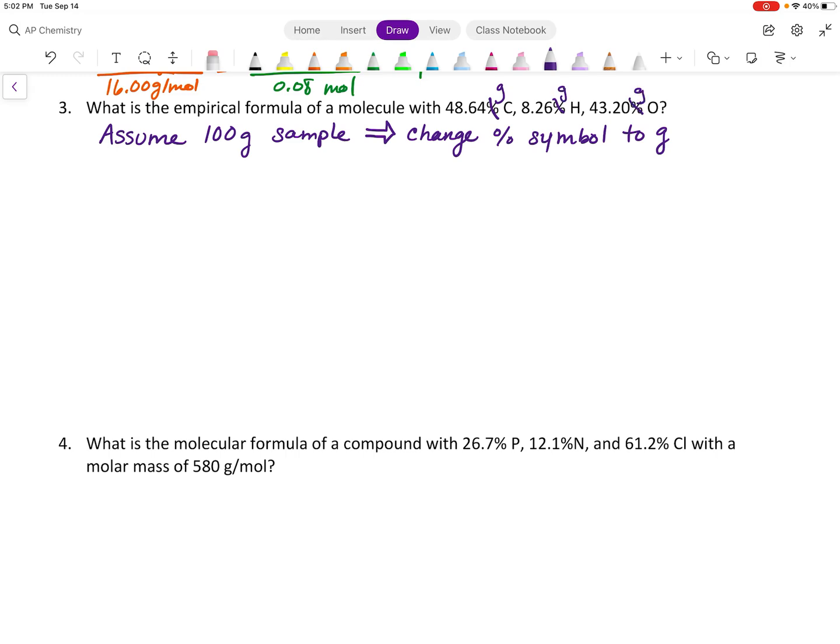Now, the process for solving this problem becomes the same as the previous problem. So let's go ahead and do the same thing again. So we're going to do this for carbon, hydrogen, and oxygen. So carbon, 48.64 divided by 12.01.